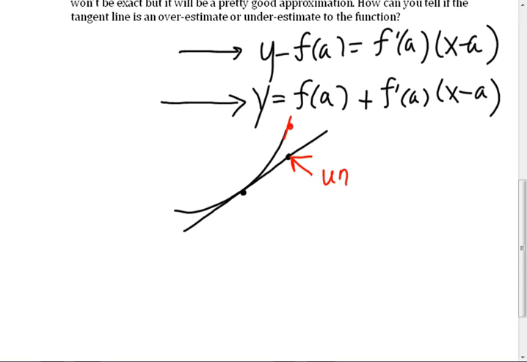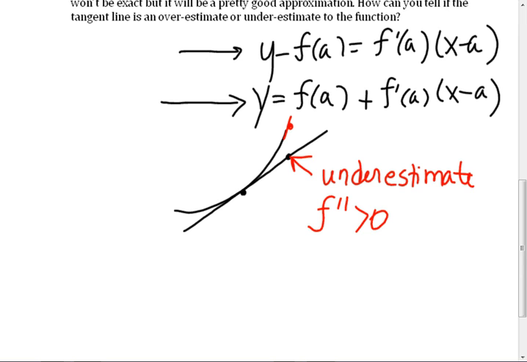Under. And how do I know? Because we've done this. We did it last year, but we've done it this year too. What's true about the concavity? Concave up, so how do you know that it's an underestimate? Remember derivatives? F double prime is what? Greater than 0. I don't memorize it. I just figure it out.